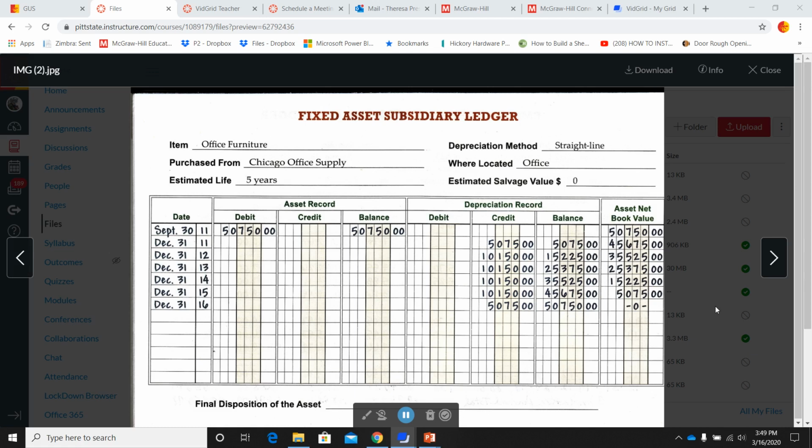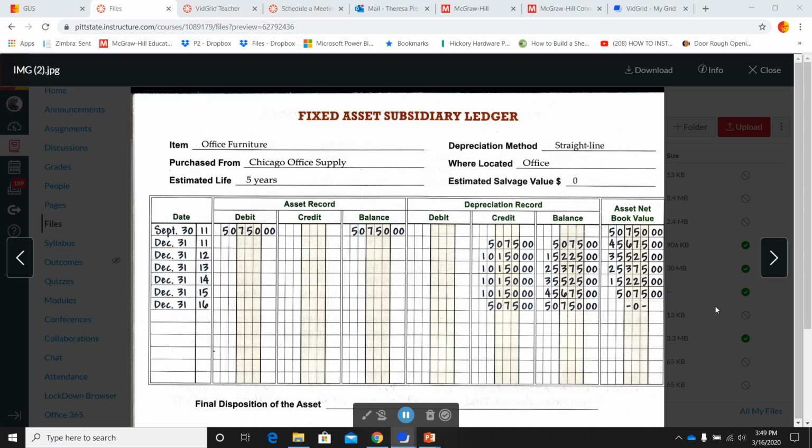And the debit amount needs to be the same amount as the amount from the purchases journal, which gives you an asset net book value, which is the same amount as the amount which you purchased. So it basically is going to replicate what you see in front of you here for the September 30th, 2011 entry, except you are going to have a different amount, and that's going to be the amount you paid for these tablets. You will not do depreciation at this time.